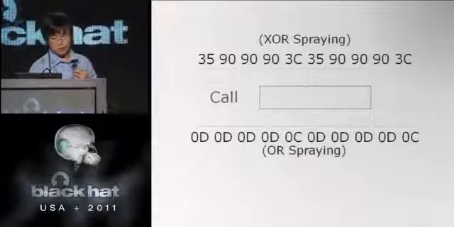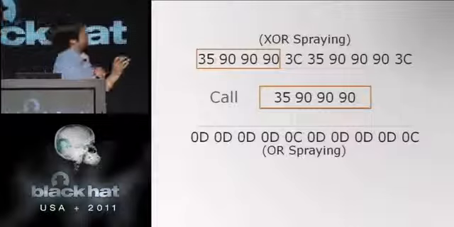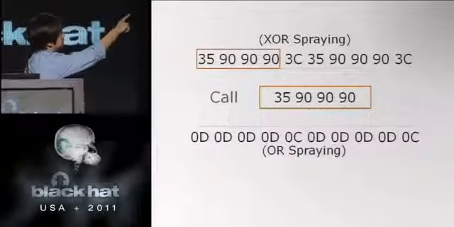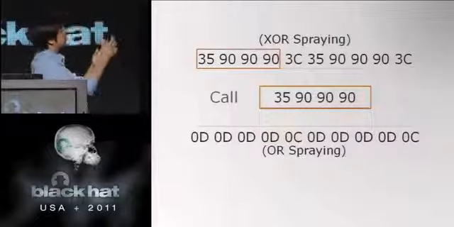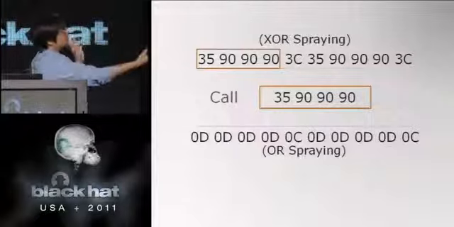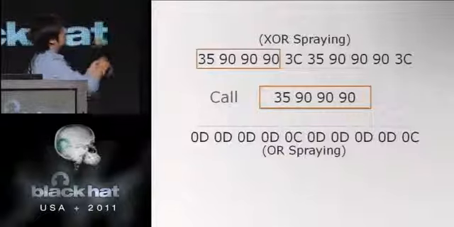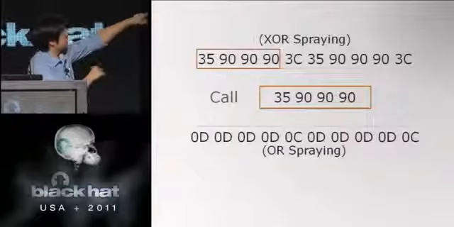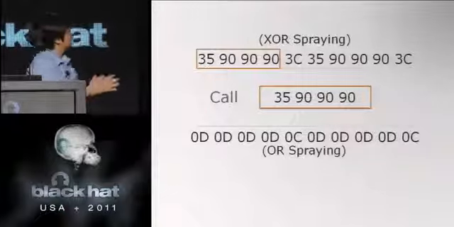So if we use the old trick, XOR spraying, the value of the code will be one of the possible combinations of the XOR spraying string. It could start with 35, or 90, or 3C, and this destination is difficult for us to spray.